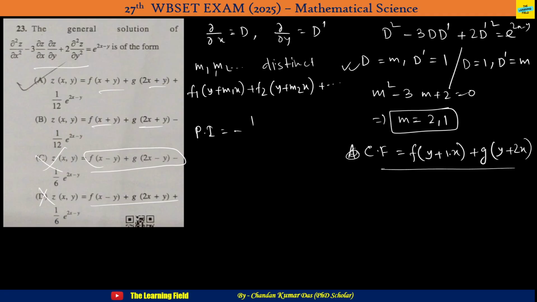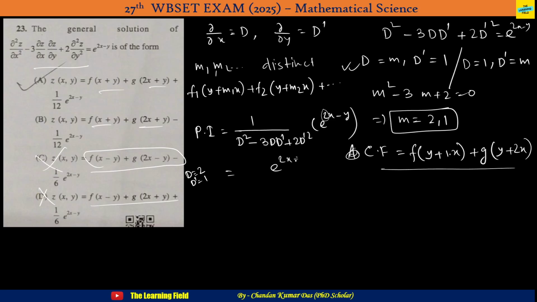PI equals 1 by D square minus 3DD dash plus 2D dash square on e to the power 2x minus y. We first put the coefficients: D equals the coefficient of x, that is 2, and D dash equals the coefficient of y, that is minus 1. If we get a non-zero value, then that will be the PI. Otherwise we have to replace D by D plus 2 and D dash by D dash minus 1.